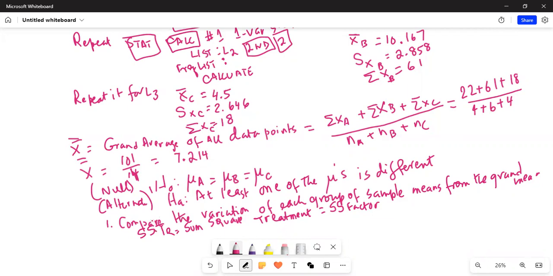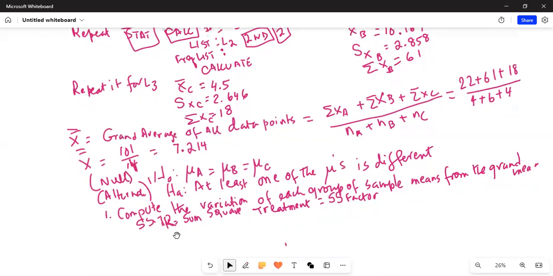We want to compute the variation of each group sample mean from the grand mean. This is called sum square TR or sum square treatment, which is the same as sum square factor. Each of the diet is a treatment or a factor. Let me then move up.